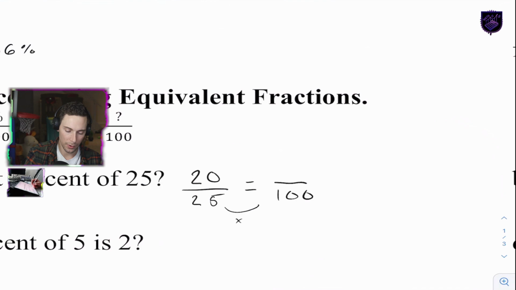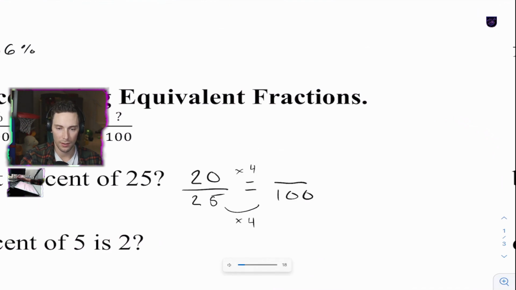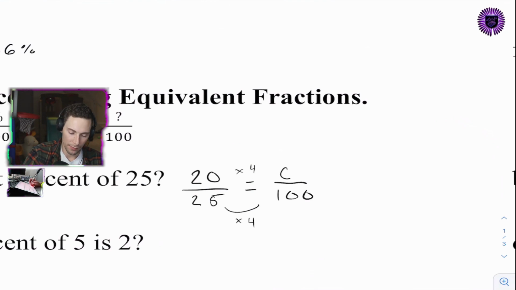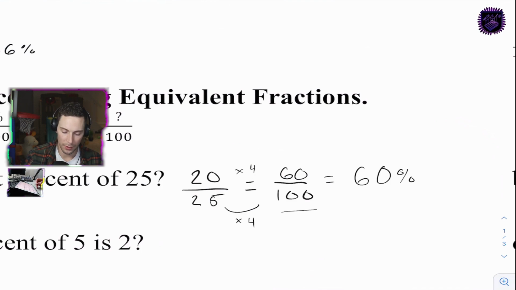So this is times 4, and this is times 4. And what's going to happen there is that it's going to get 80 over 100. 80 over 100 is going to be equal to 80%. So this is your answer right here.